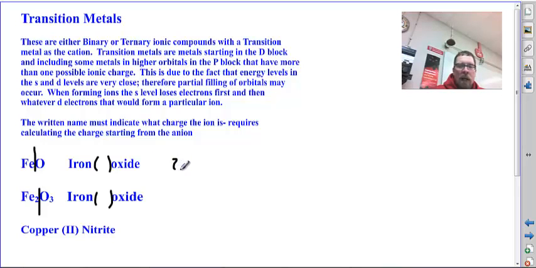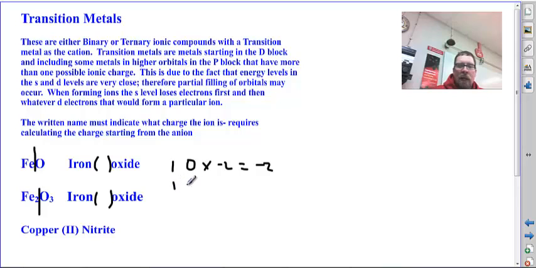So here I have 1 oxygen in this compound. That oxygen has a charge, 1 oxygen times a -2 charge means that I have a -2 component to the anion half here.